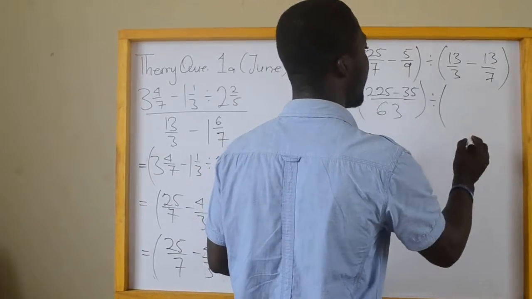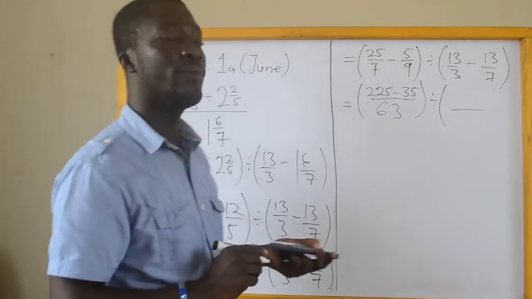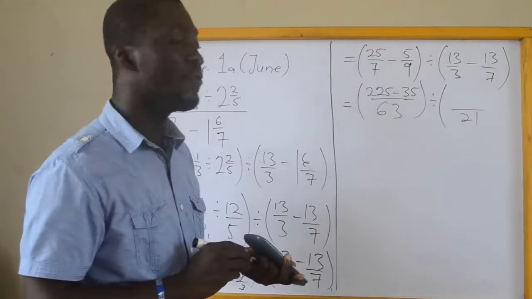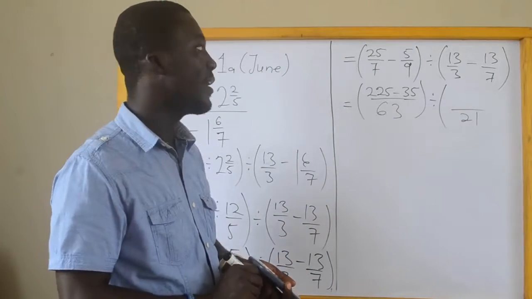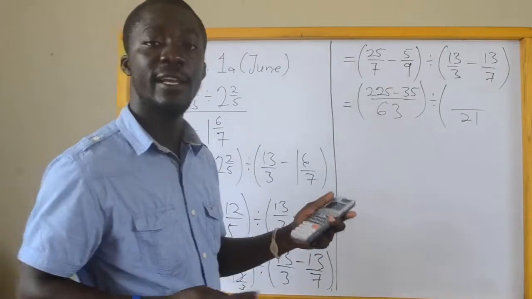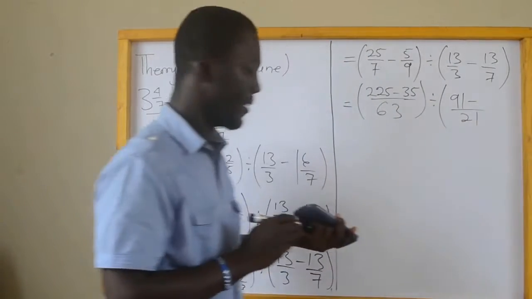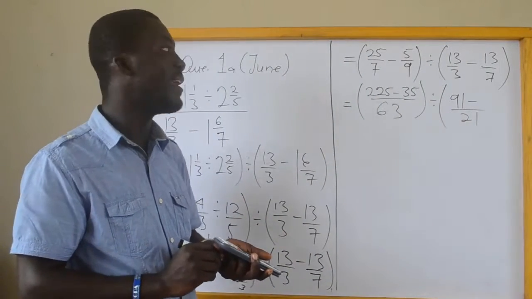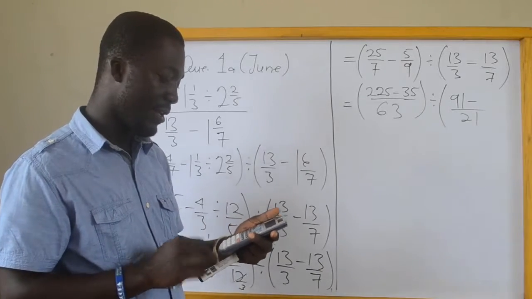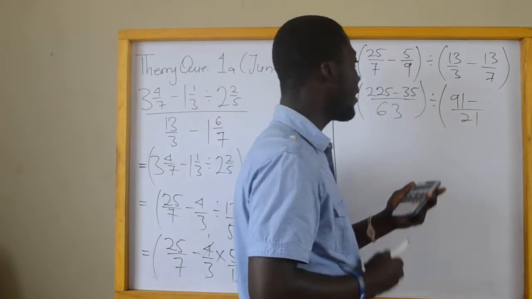Divided by, here our least common denominator will be 21. 3 goes into 21 is 7. 7 times 13 is 91. Minus 7 goes into 21 is 3. 3 times 13 is 39.